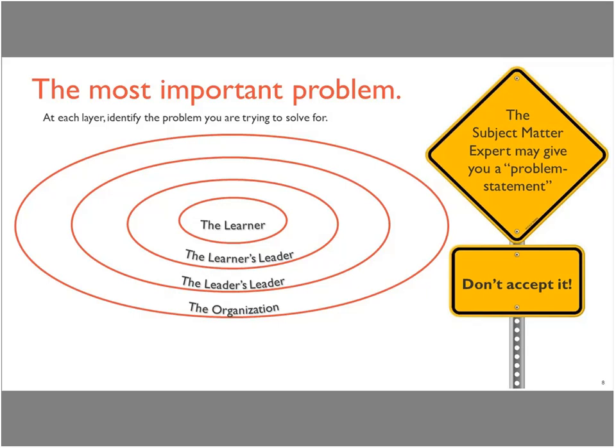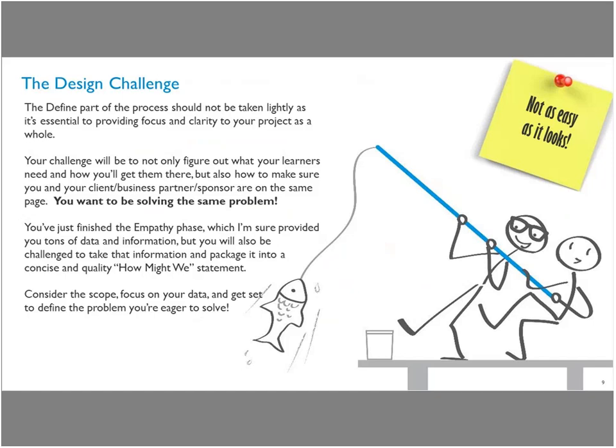And so often the problem statement has a slant that is really a one-sided slant. And our challenge is really to understand that the problem really can be different or have different layers depending on who you're talking to.